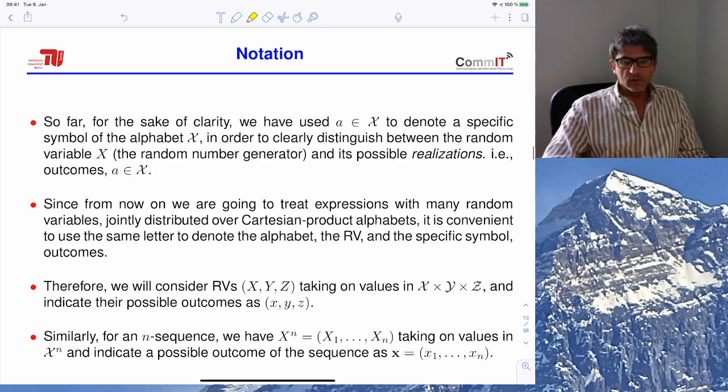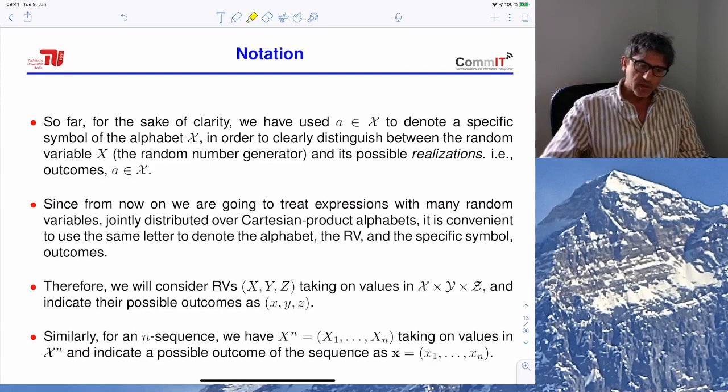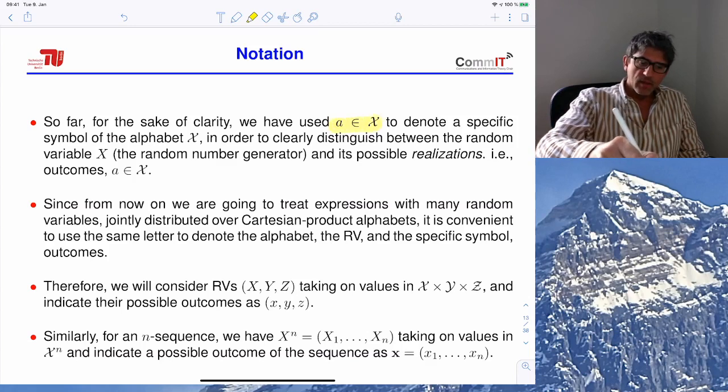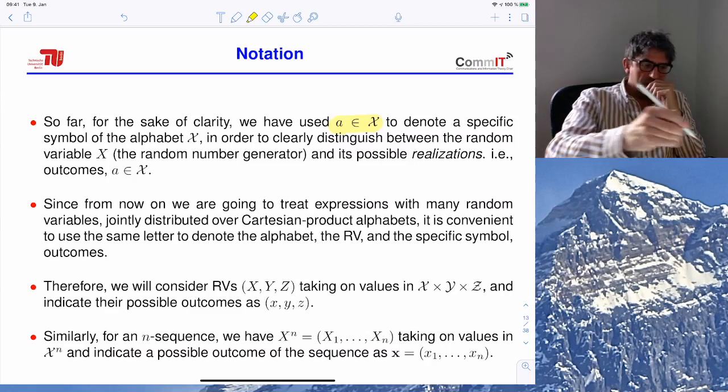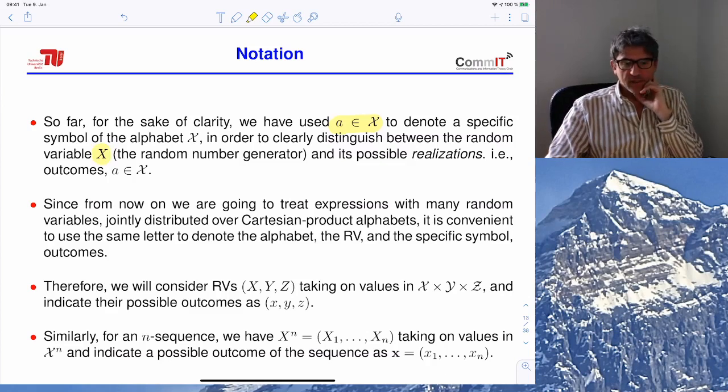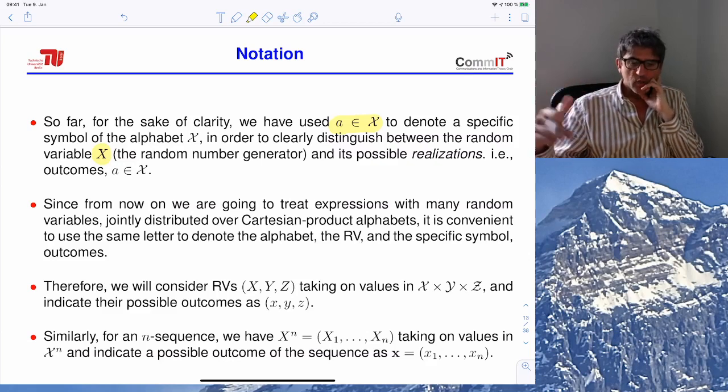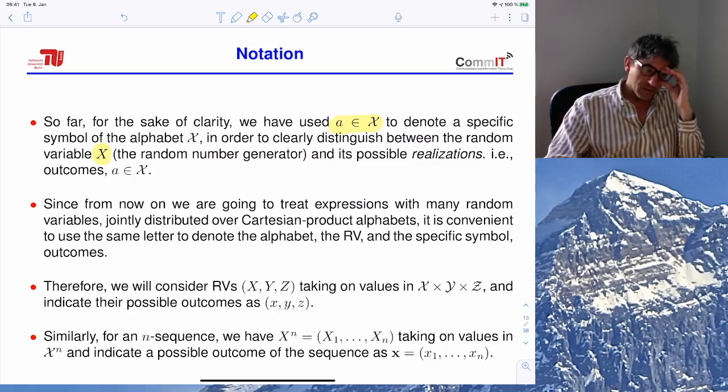So, last remark about notation. So far, for the sake of clarity, I have clearly distinguished the letters or symbols in an alphabet using A, B, and C, and the random variables X, Y, and Z, etc. Since later on we are going to handle expressions with many different random variables, each one has its own alphabet, each one takes its own values, then it becomes very messy to make this distinction.